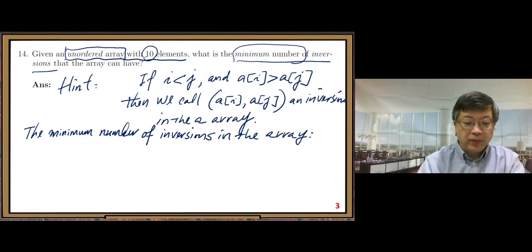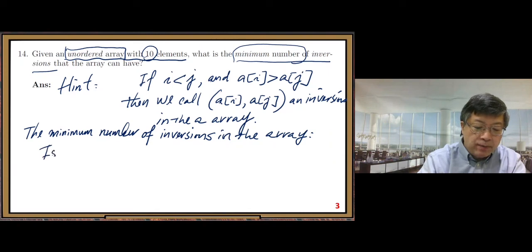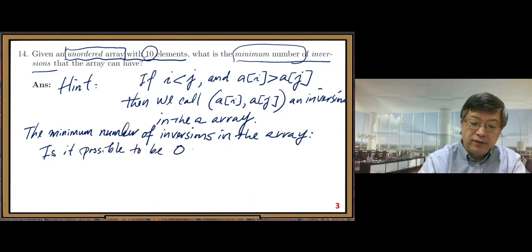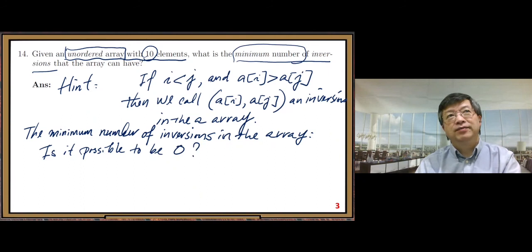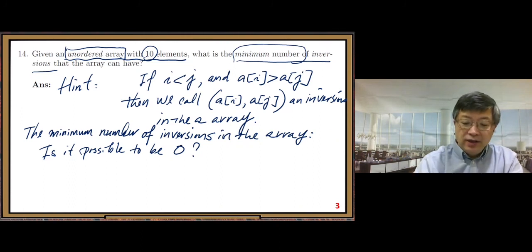First, we look at, is it possible to be 0? Because 0 is the reasonable number we can look at for the number of inversions, right? The minimum possible number. The answer is no.